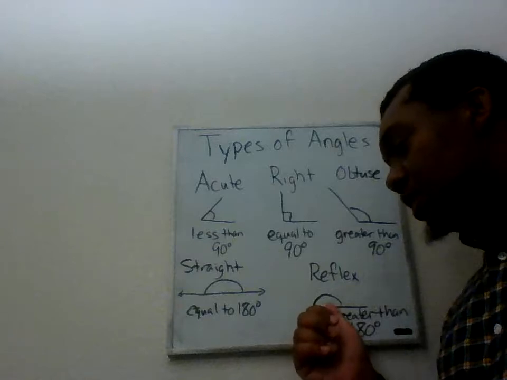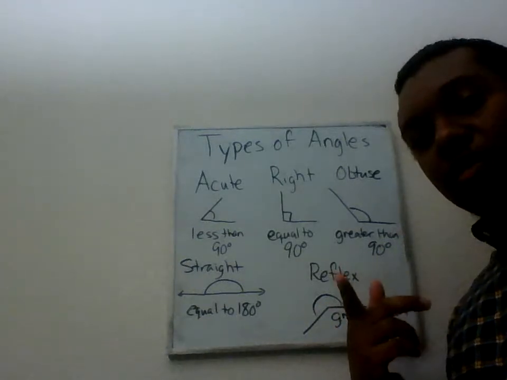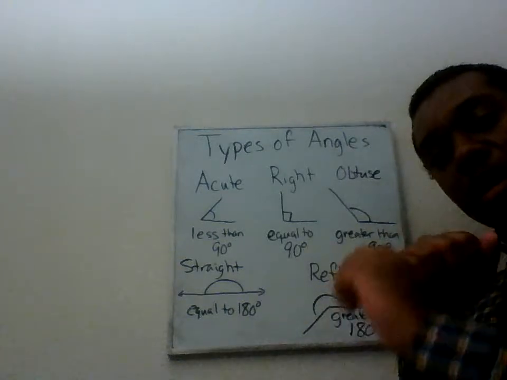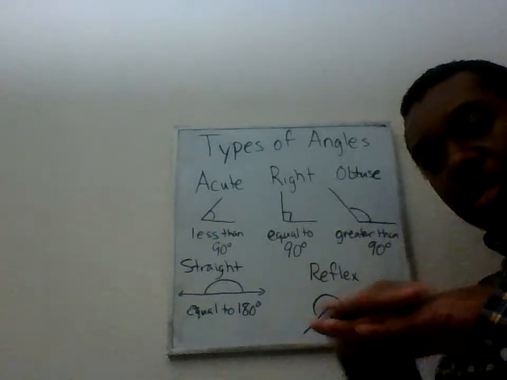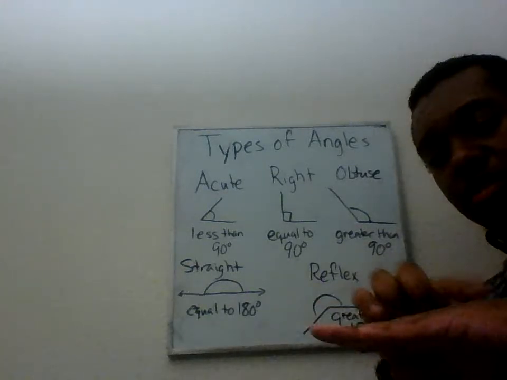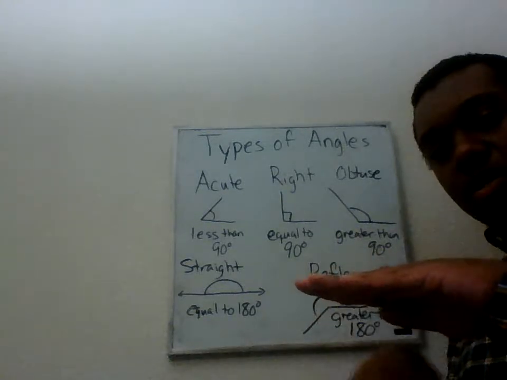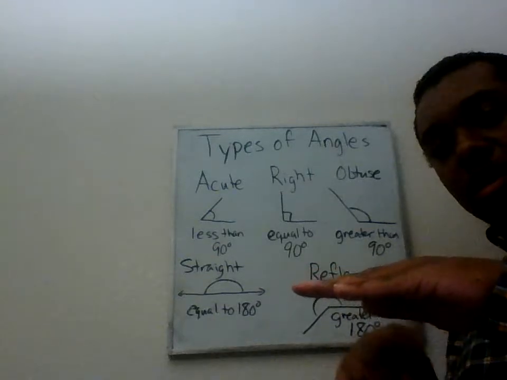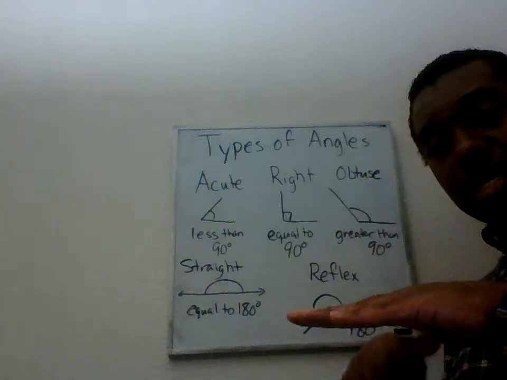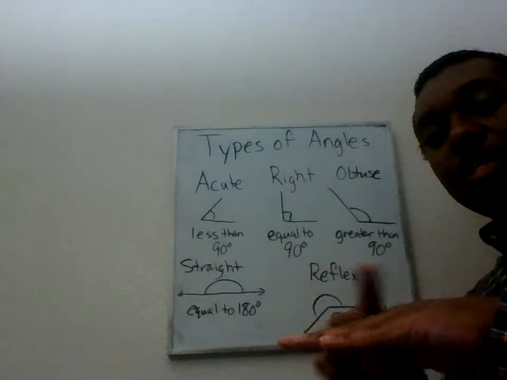Now, the reason why it's going to be opposite of it, in a sense, is because no matter what, if you bend something all the way back around, it comes back to 180 degrees, right? So if it's 180 degrees on a flat surface up here, that means it's 180 degrees down here as well. And so many of you are probably saying, oh, well, isn't that just a complete rotation? Yes, it is. And a complete rotation is 360 degrees.